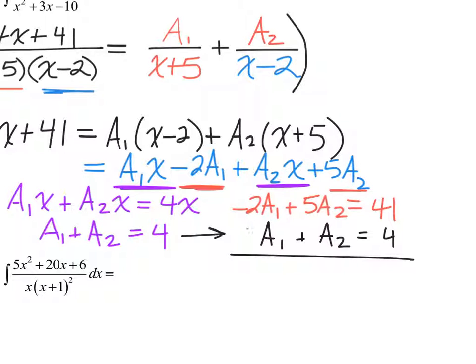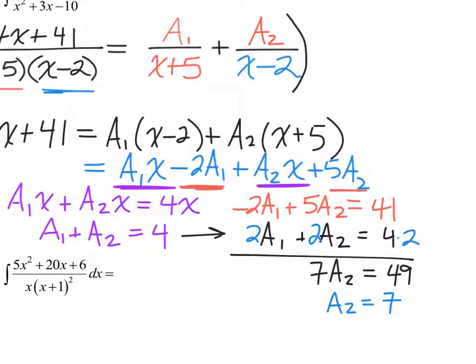So I'm going to double everything. That's going to get rid of the a sub 1 terms. So I'm looking at 7a sub 2 equals 49. And so a sub 2 is equal to 7. And I know that a sub 1 plus a sub 2 should be equal to 4.